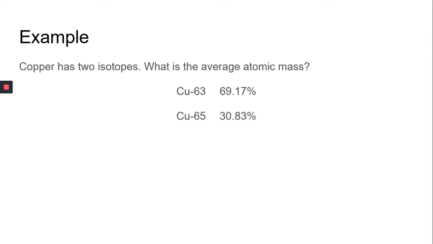So it's not 50-50. The average mass is not 64 because we have to take a weighted average, but it's going to be closer to 63 because that isotope has the higher percentage.